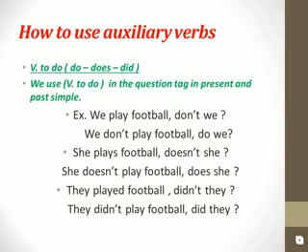Another example, she plays football, doesn't she? Here the suitable verb is doesn't, because the subject is she and the statement is positive. The third example, they played football, didn't they? In this example, we used didn't because the statement is written in past simple and it is positive.